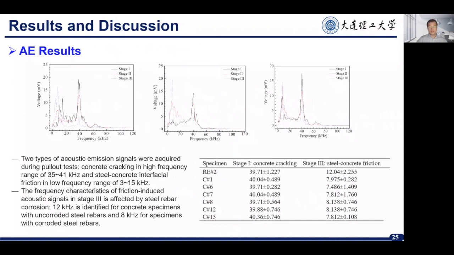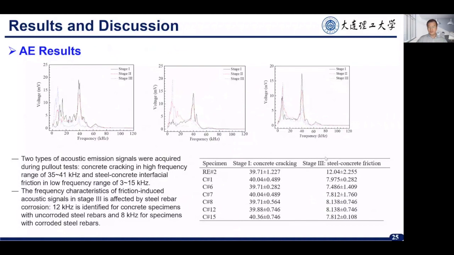There are 2 types of signals acquired during the pull-out test. The high frequency range is due to the concrete cracking, because when we pull out the steel rebar, the ribs push against the concrete and cause some micro cracks. So this is concrete cracking, and the frequency is very high, around 35 to 41 kilohertz.